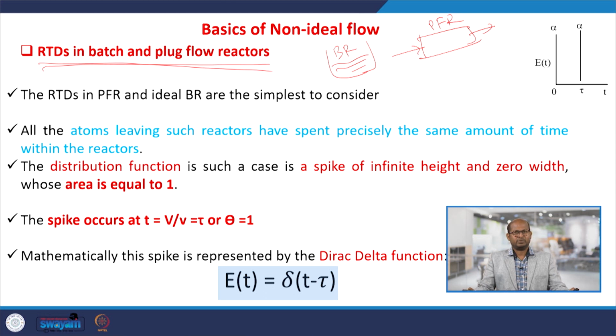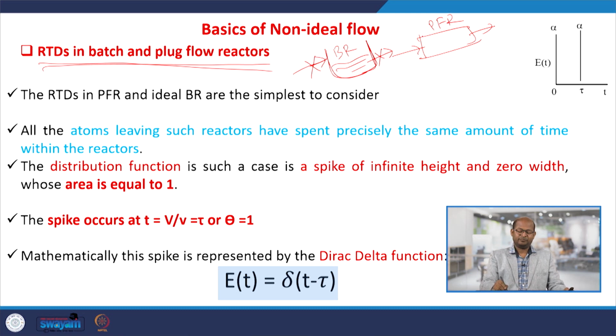Once the reaction is over, we take out the reacting or product mixture. So, in this batch reactor there is no inlet and no outlet. Therefore, we can say that this batch reactor is an ideal reactor. All the molecules we charged inside the reactor spend equal time for the total experiment.